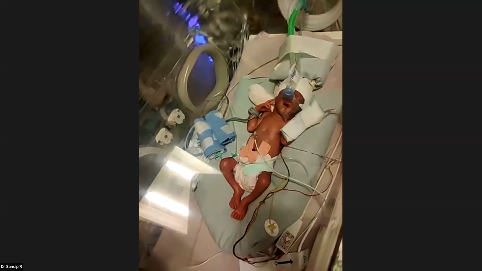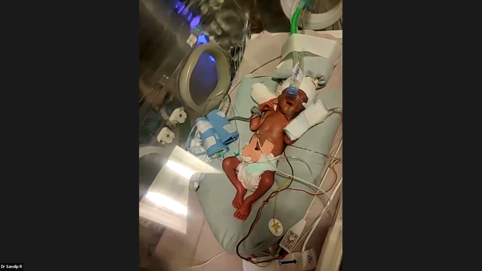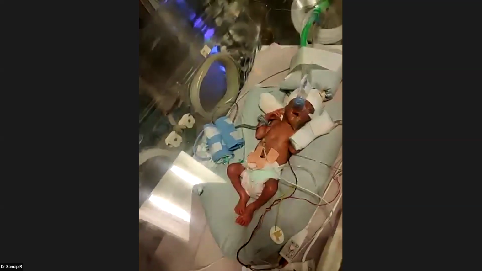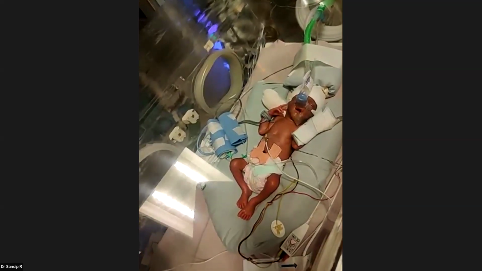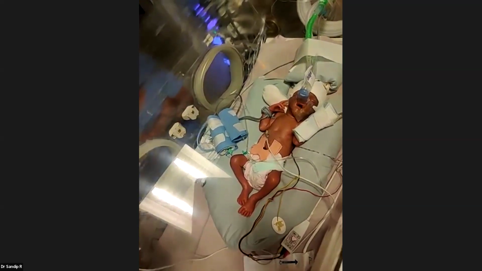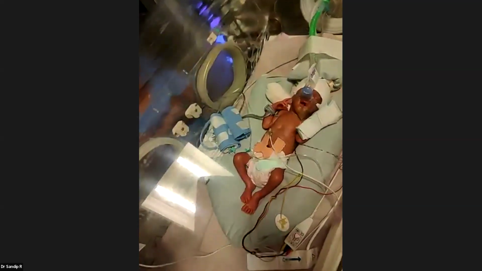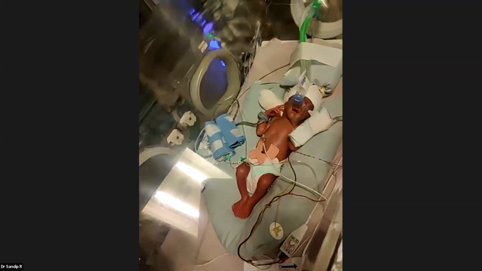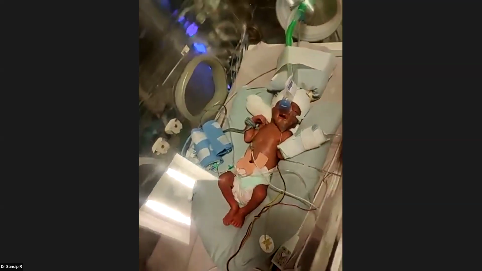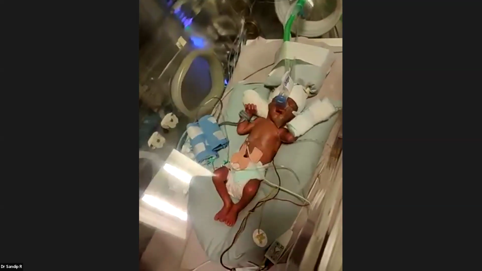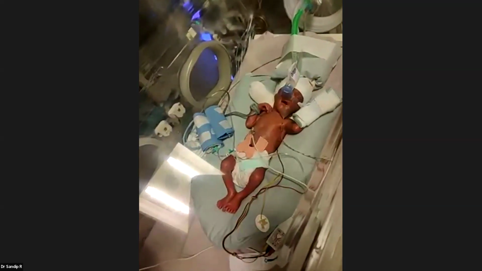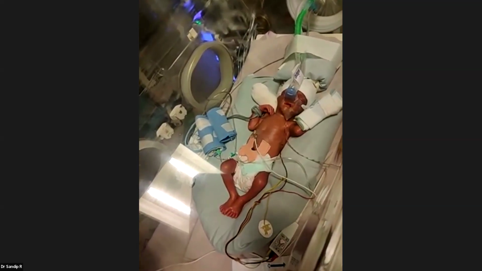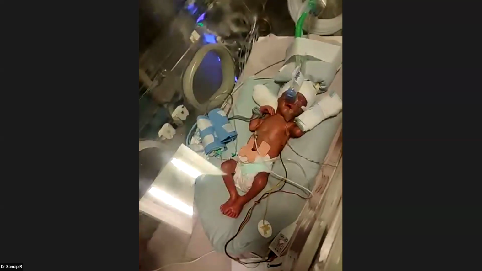Baby's saturation probe is connected to the right upper limb, and the temperature probe is connected on the right hypochondrial region. IV line is secured on the left hand, and there are central catheters, UVC and UAC, inserted in the baby. UVC fixed at 6.5 and UAC fixed at 13 centimeters.